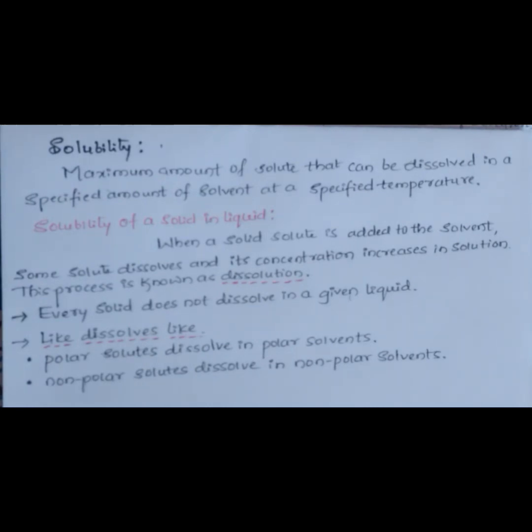This means if we consider 100 gram of water as a solvent and we dissolve sugar in that solvent, a particular amount of sugar gets dissolved in the given amount of water, and that will be considered as the solubility of sugar in water.